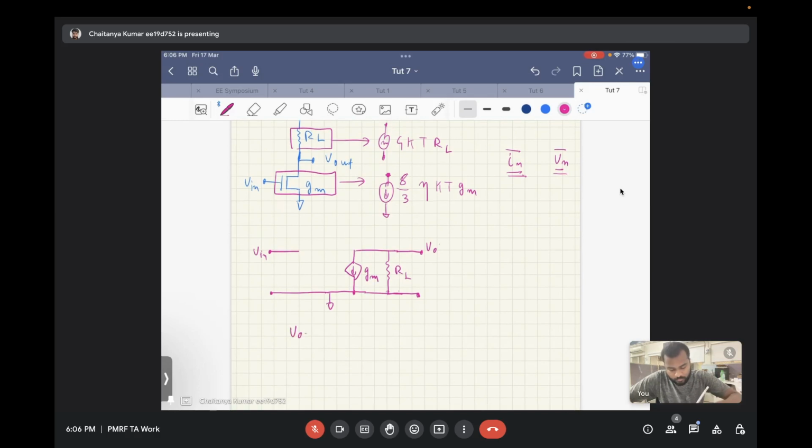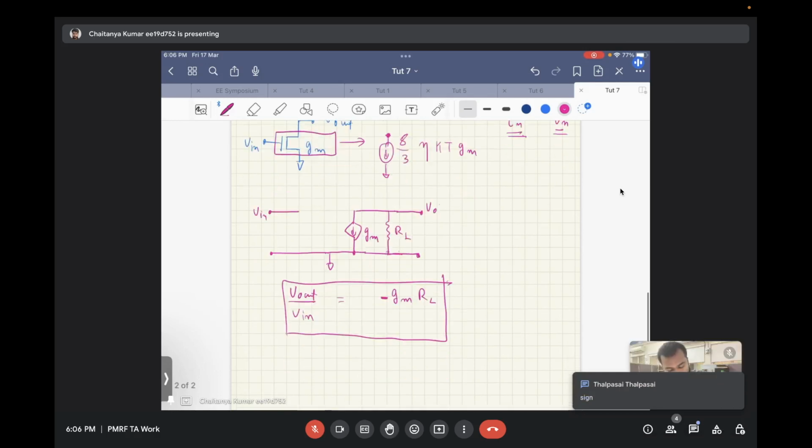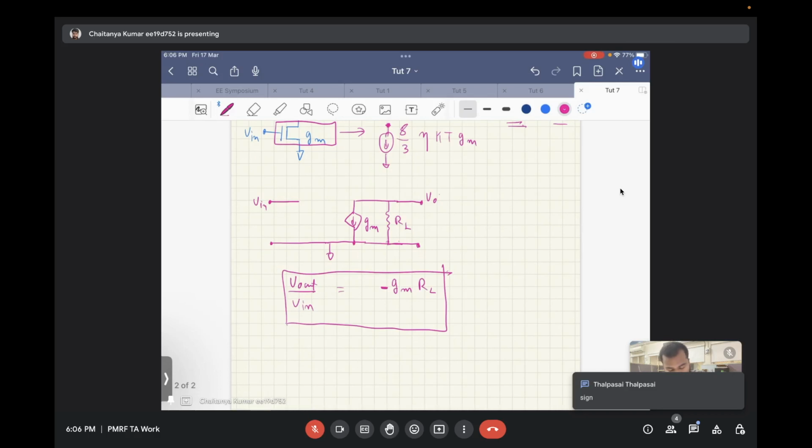So basically we have Vout by Vin as, yeah, correct, GM times RL, and it has a negative sign. So this is what we have over here. This is the transfer function from input voltage source to the output.